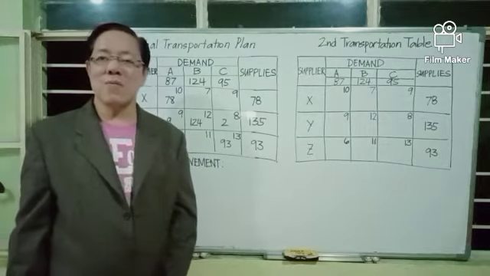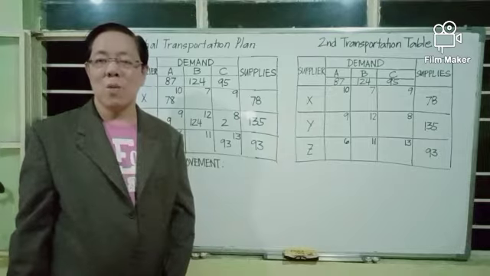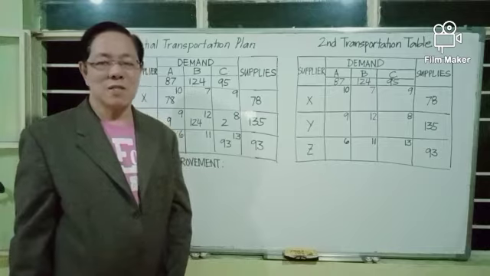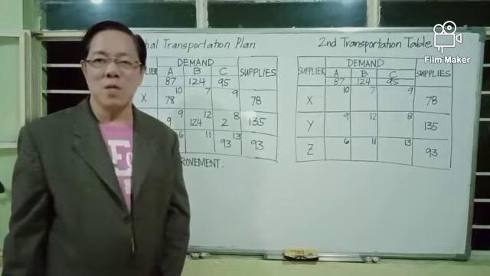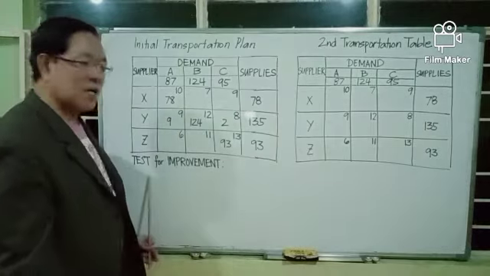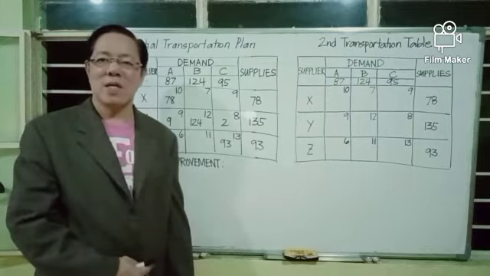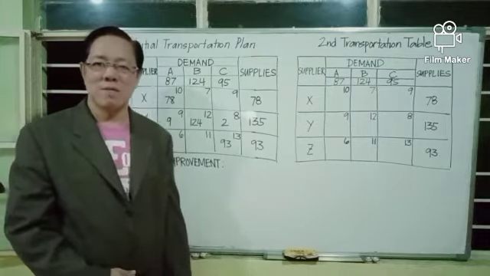To determine if we can still lower the initial transportation cost, we do the test for improvement. This is actually the second step in the stepping stone method.